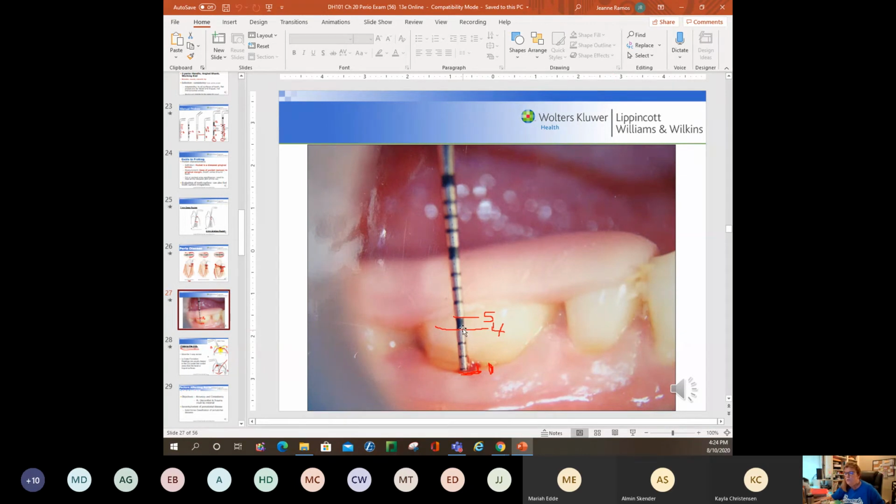So here would be your 4, and here would be your 5 up here. But this is way back. It's underneath that 1, you can still see the black line. So it's going to be, wait a minute, 1, 2, 3, 4, yeah. So it would be a 1 millimeter, but it's bleeding on probe. So that tooth has got a problem.